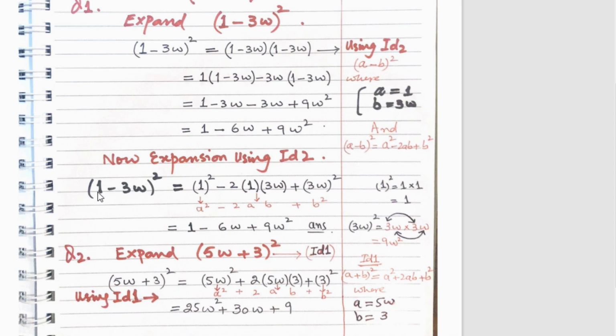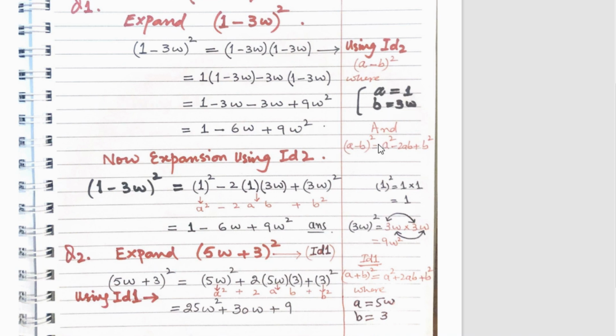Here A is equal to 1 using ID2, (A minus B) whole square, where A is equal to 1 and B is equal to 3w. Look at this. In this term, A is the A of identity 2. (A minus B) whole square is the left hand side of identity 2. Now the left hand side of identity 2 is given in this form. Here A is equal to 1 and B is equal to 3w.